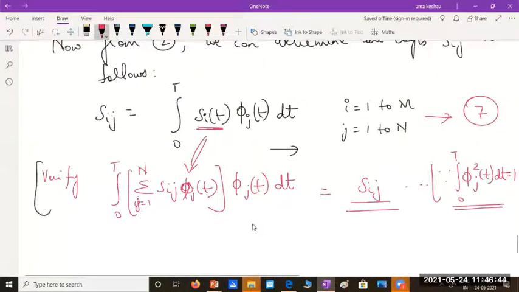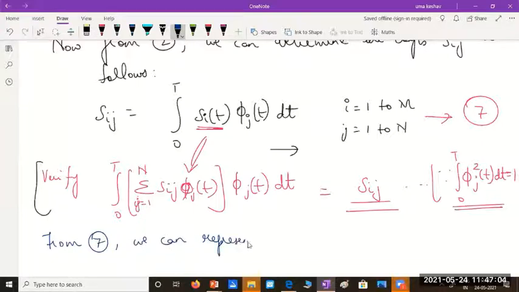Can we find the coefficients from equation 7? Can we represent it in the form of a block diagram? You say from equation 7, we can represent or find the coefficients as follows. What should I do?